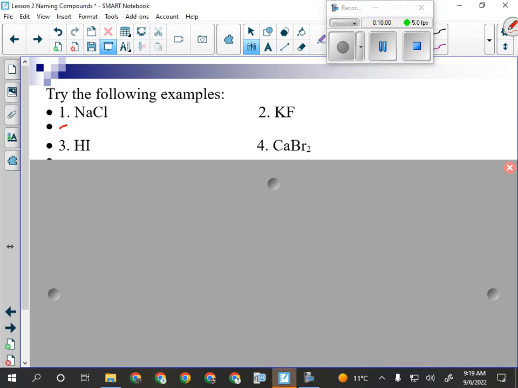Na stands for sodium, and Cl stands for chlorine. So that'll be sodium chloride. Everybody all right with that? For number 2, what does K stand for? Potassium. And F stands for fluorine, so this will be potassium fluoride.